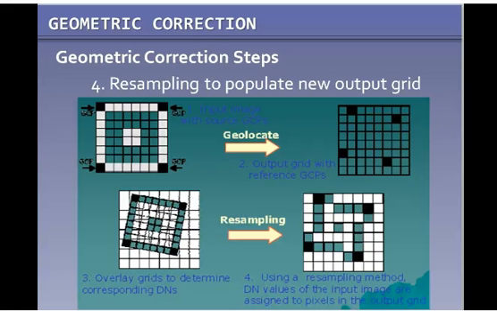Again, I think it's useful to have a visual to understand why we have to do this or how we do it. So imagine that we had our original file here, and imagine it's just binary with zeros and ones. So we have our zeros and we have ones. That would be the white and the green. And this is what the file actually looks like. It's just that nice square, a given number of columns, a given number of rows. And each of these black corners, imagine this is one of our GCPs.